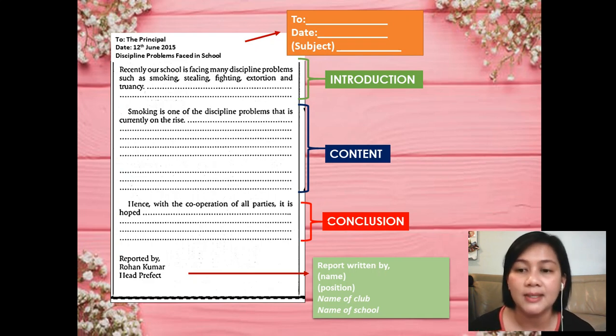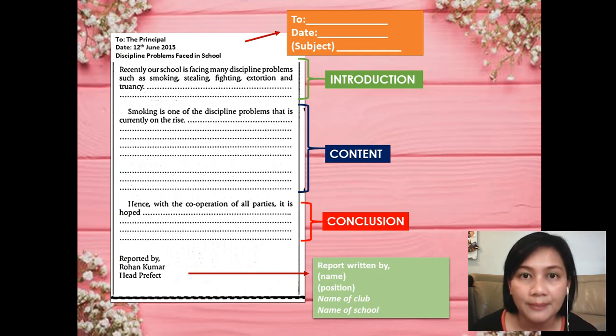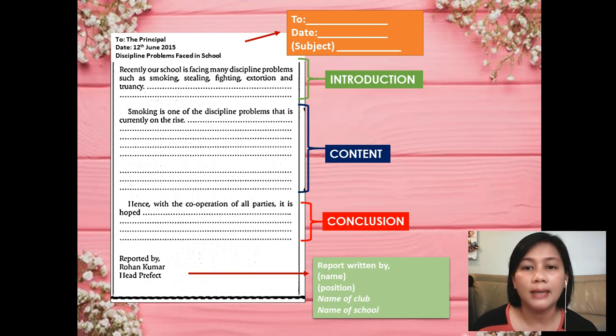Okay, that is just an example. Yeah. So remember, when you write a report, you need to write to, date, and the subject. Okay. And then you go to the introduction, the content, the conclusion, and this report is written by who.